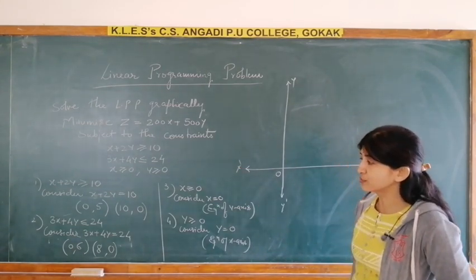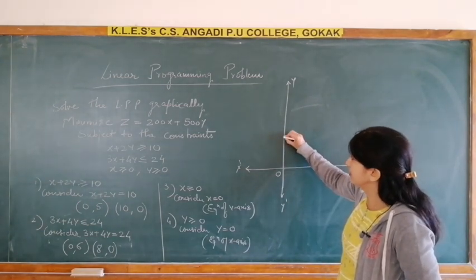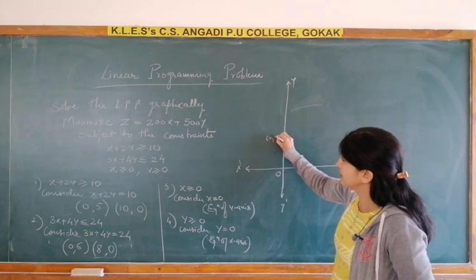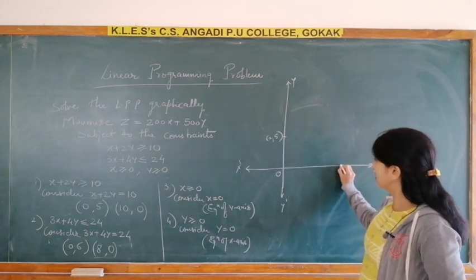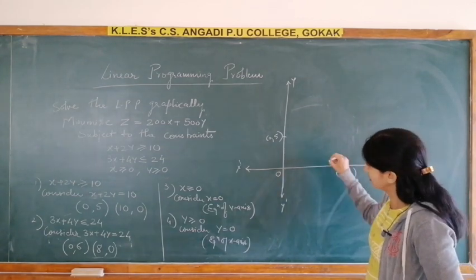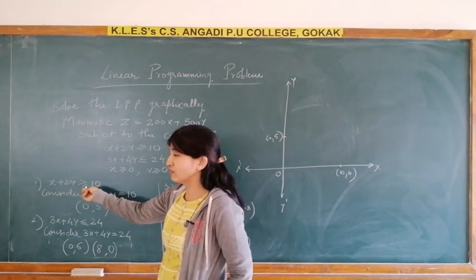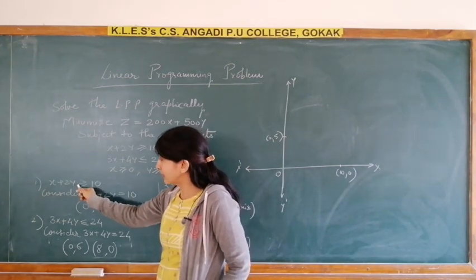Now what is the first point? 0, 5. I am taking approximately here. So this is 0, 5. Then 10, 0. This is 10, 0. While joining these 2 points, see what the inequality is here. Greater than or equal to.